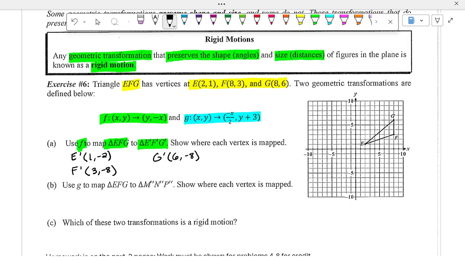Make sure you label. So I have 1, -2, 3, -8, and 6, -8. So that's E prime, F prime, G prime.